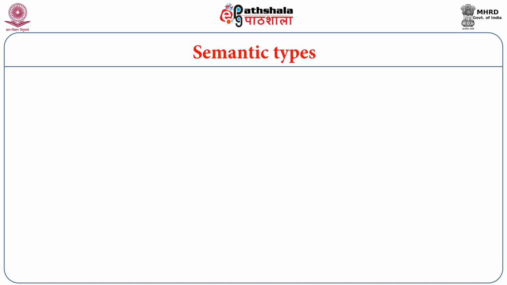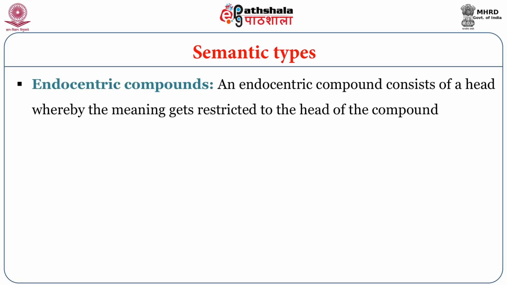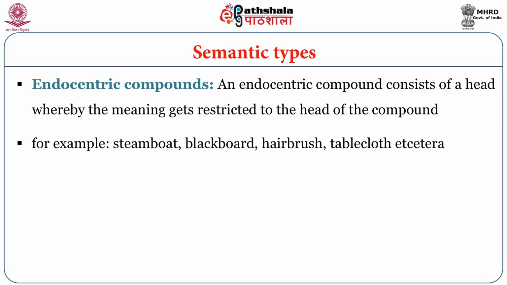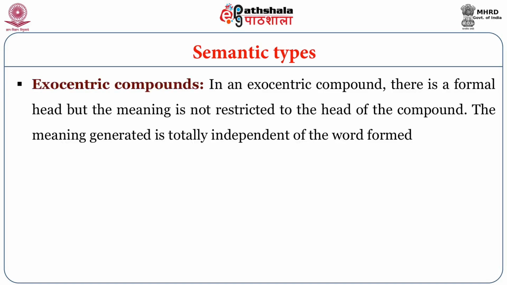It is also important to understand some semantic types related to morphology. That is endocentric compounds. An endocentric compound consists of a head whereby the meaning gets restricted to the head of the compound. For example, steamboat, blackboard, hairbrush, tablecloth, etc. Exocentric compound: there is a formal head but the meaning is not restricted to the head of the compound.